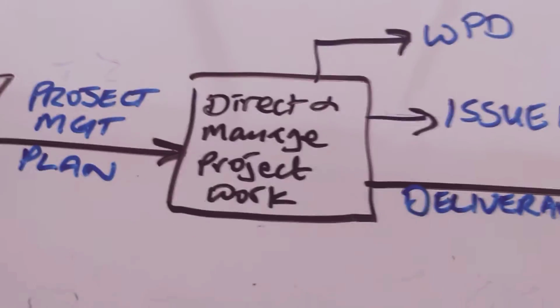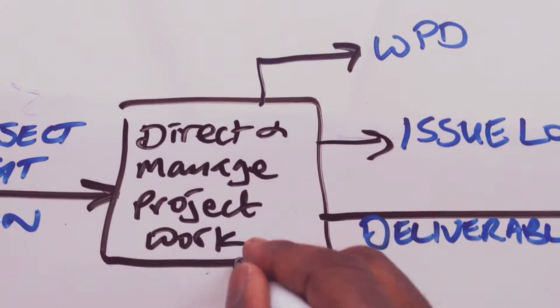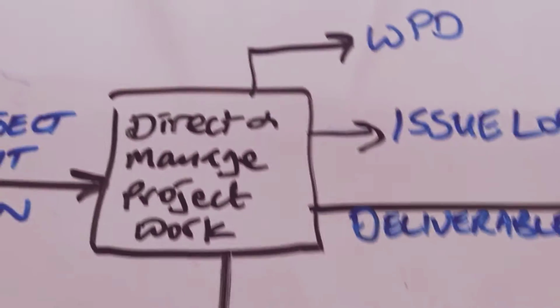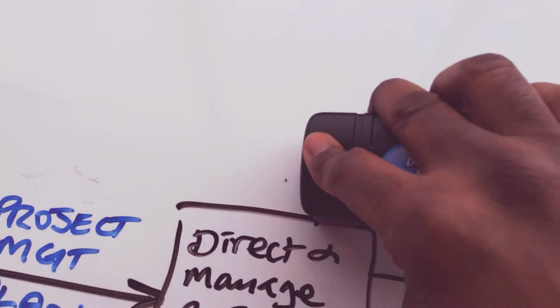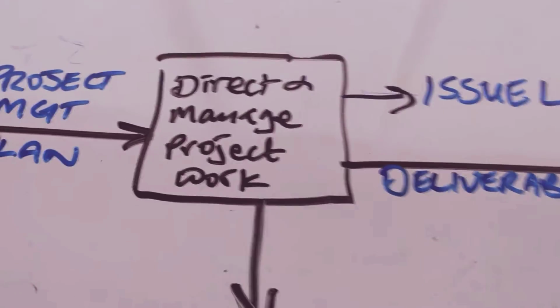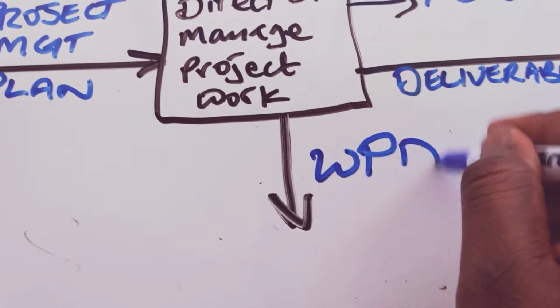All right. Remember, this is a challenge for you to draw this stuff out yourself as you see fit. So WPD up here, I'm going to bring it down here, and we're gonna play around with WPD in this next section. So work performance data goes to a number of places.